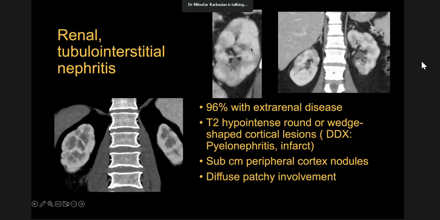If you do not know the patient's history, this is a good look for pyelonephritis or renal infarct. But in the setting of IgG4 in other organs, you should note that this can be a presentation of IgG4 disease. This is a coronal and sagittal view of the same patient showing multiple wedge-shaped areas in both kidneys.